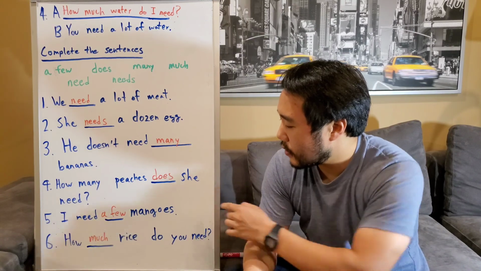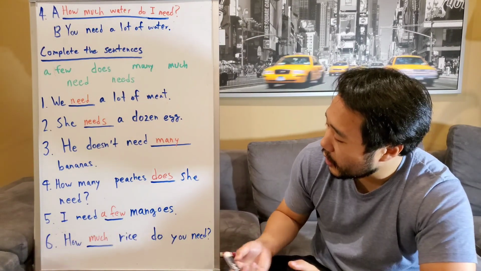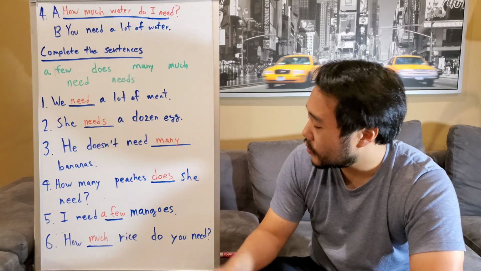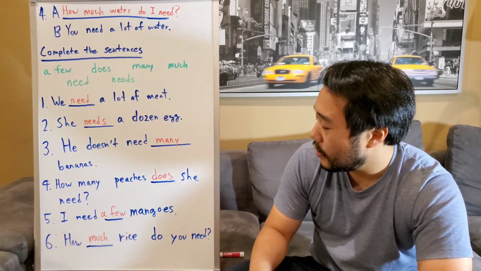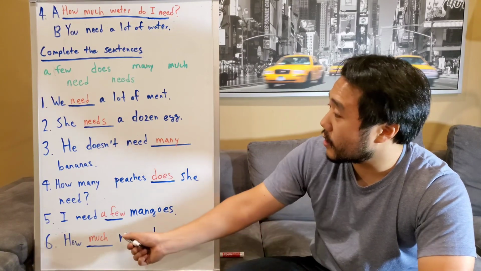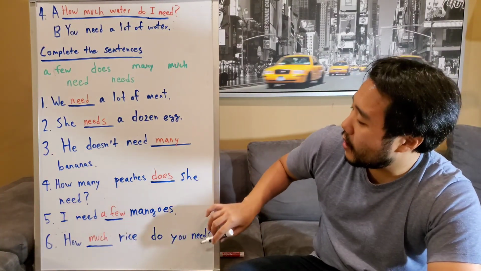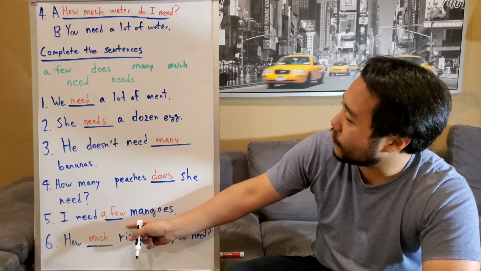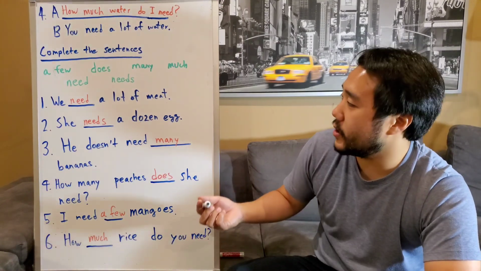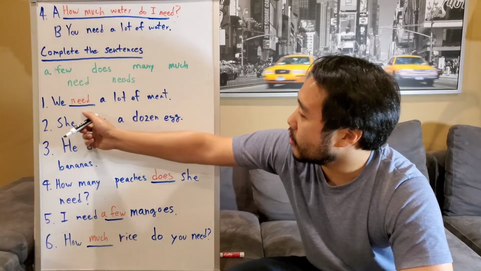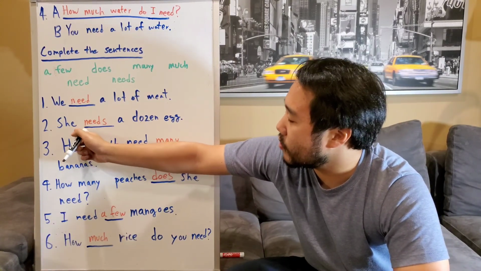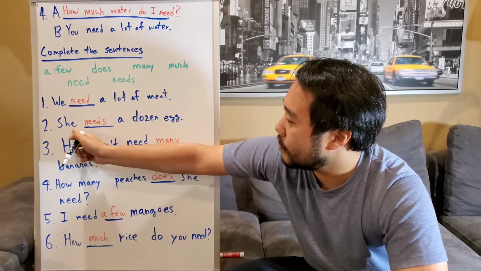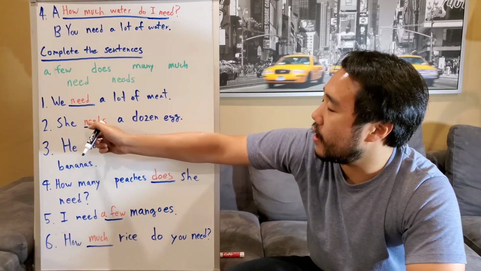A few mangoes. So this is a quantifier to explain the plural form of mango. The answer came out to be a few as a process of elimination. So here I looked at it, for a verb, when we were using the subject pronoun she with need, we need to add the letter s.